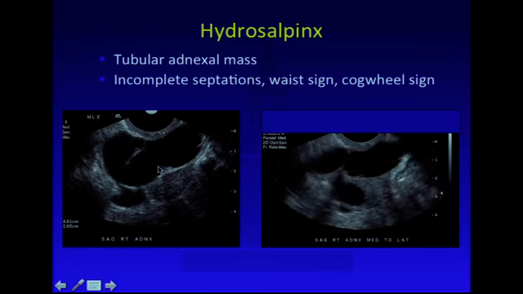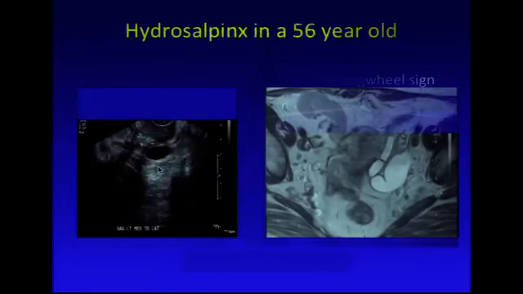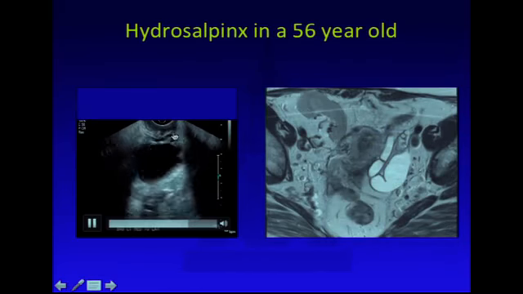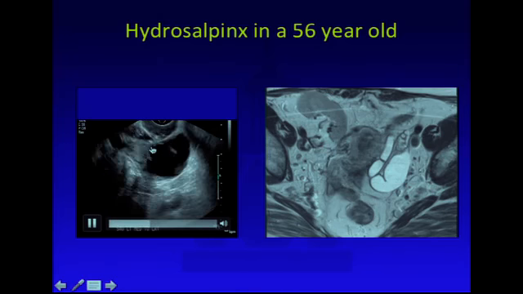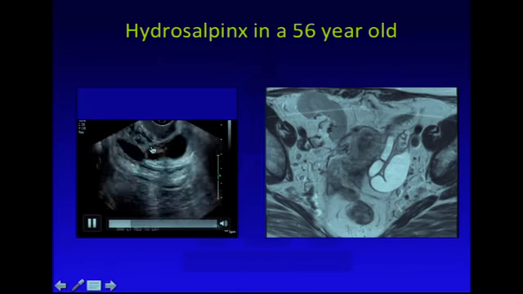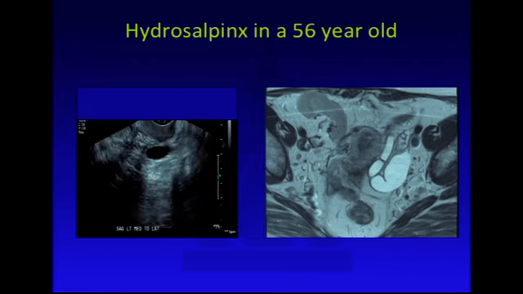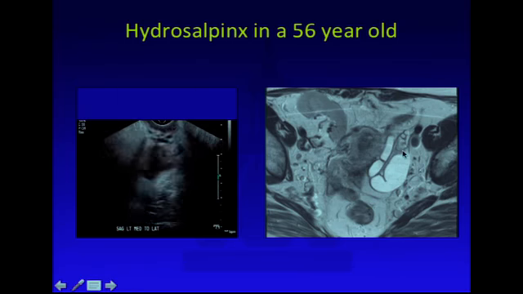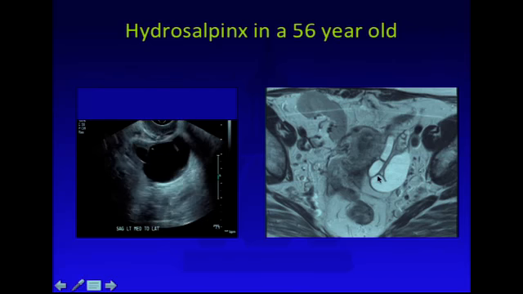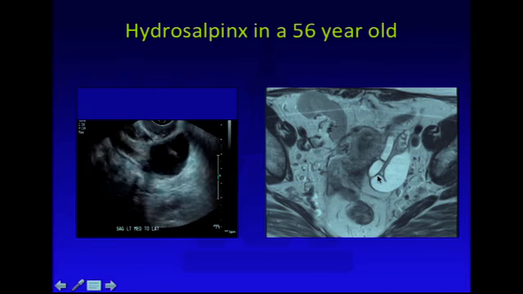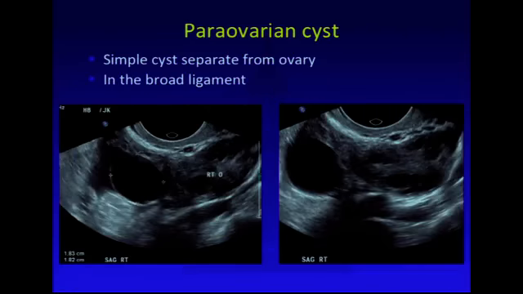So this is a good example of a hydrosalpinx. Again, another one here. This was a 56-year-old woman, and so it was difficult to be 100% sure this was a hydrosalpinx. So to reassure, the patient had an MR, and again, it clearly shows that this is a hydrosalpinx. So in many patients, we can diagnose these with confidence.